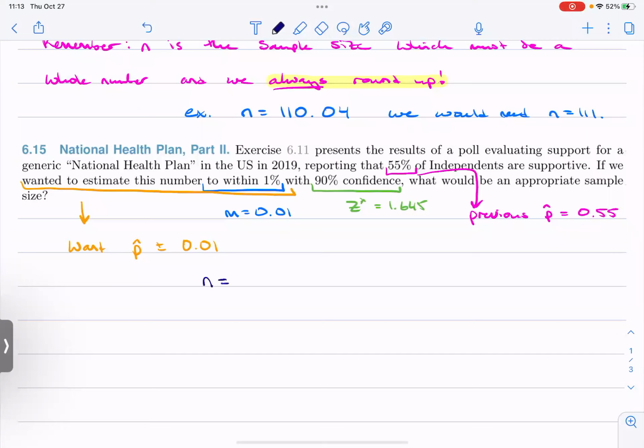So I'm going to need to solve for n, which is Z star over M, squared, times P star Q star. Now, I want you to be used to this because this is how I have it on the formula sheet that's attached to your assignment, as well as the quiz. So just be comfortable with that. But there are two options for P star.